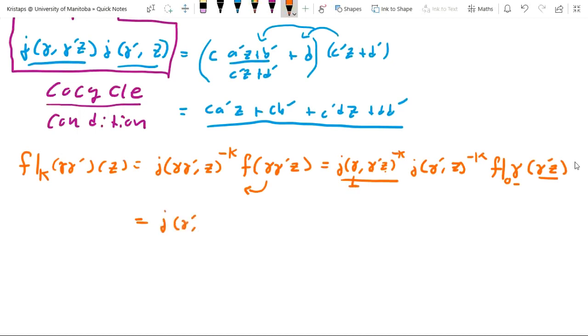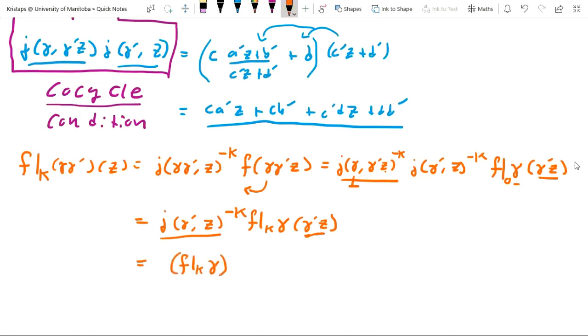I still have my factor of automorphy for gamma prime z out in front, but I can rewrite this expression as the weight k operator of gamma acting on gamma prime z. And then finally, looking at this expression again, since I have gamma prime acting on z, and I have here my factor of automorphy of gamma prime and z out front, this is really just the weight k operator of gamma prime acting on this.